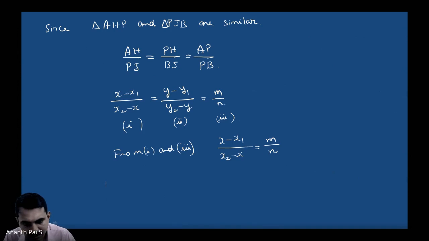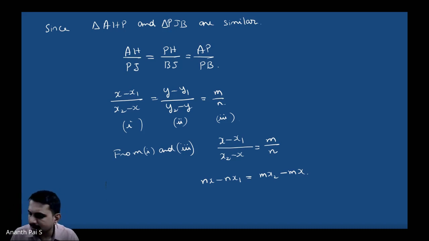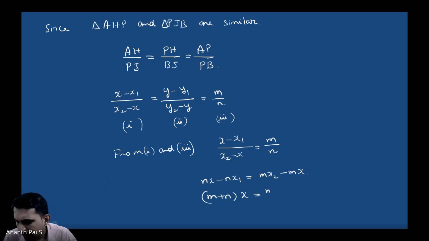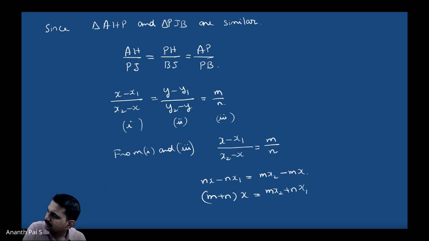Or we can write nx minus nx1 is equal to mx2 minus mx, right? So we can take the things to the other side. We can write m plus n into x is equal to mx2 plus nx1. M by n is nothing but the ratio of slope.